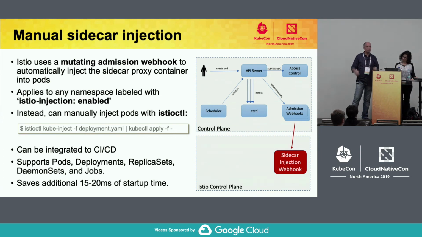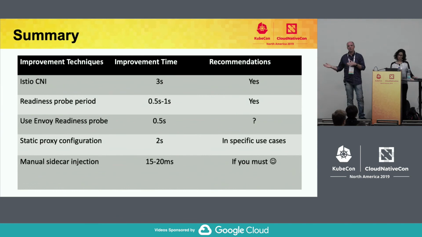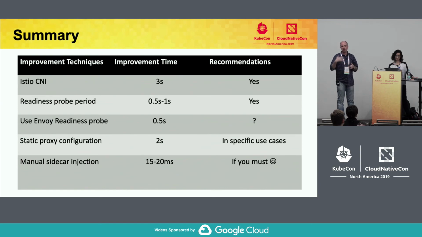So in summary, we saw that we added 5 seconds or so to the startup time. If you use the Istio CNI, 3 seconds, the majority of that is already coming back at you. Another half a second by shortening the readiness probe.